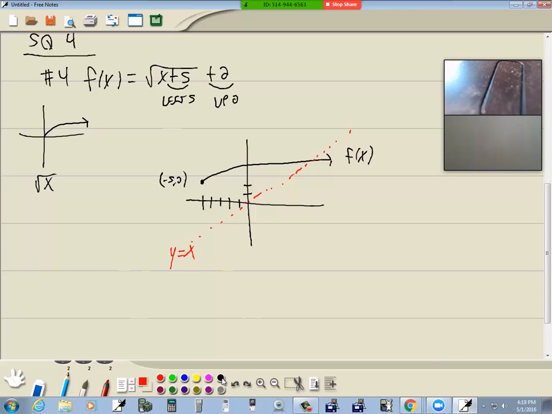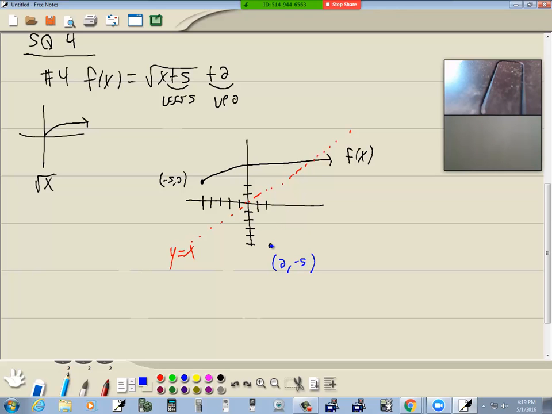And it's going to be down here, 2, negative 5. Now what tells me it's going to start down there is this point here is negative 5, 2. So our inverse will be the x and y swap. So this will be 2, negative 5.